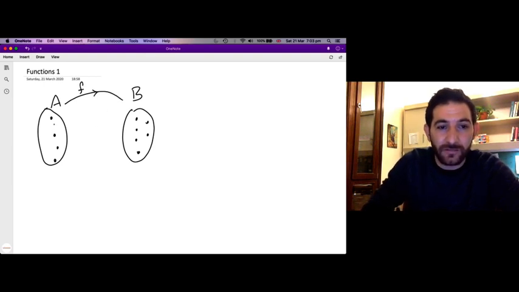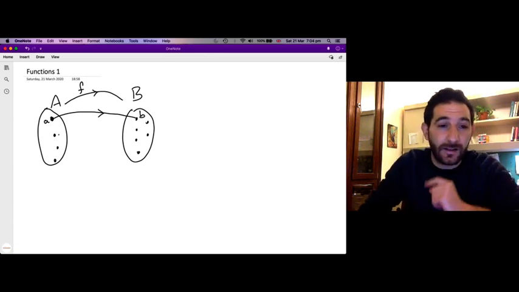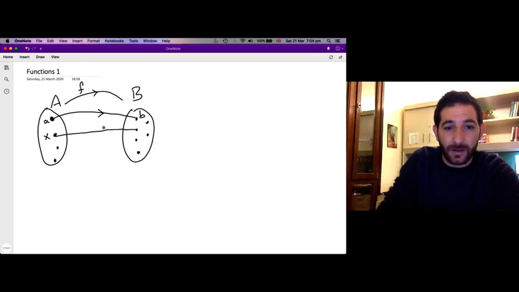A function f from A to B is an assignment which assigns to every element, say a in A, one and only one element b in B. So we have to assign elements to all the elements in A. This is one of the conditions. Here is a second element, let's call it x, then f assigns some other element here, let's call it y, for example.